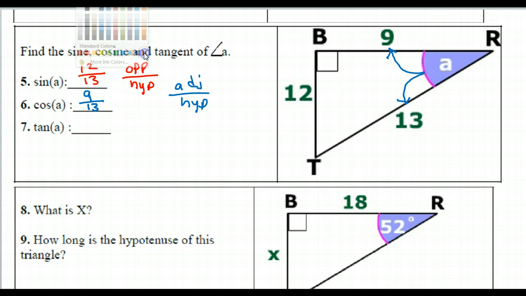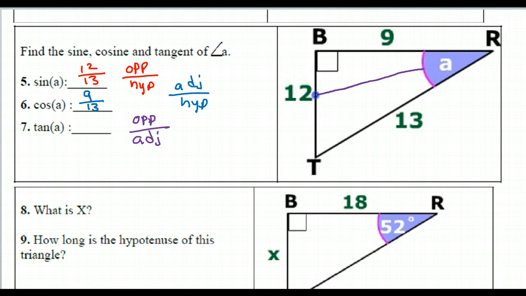And last but not least, tangent. Tangent is the opposite leg divided by the adjacent leg. Still dealing with angle A, here is the opposite leg, and here is the adjacent leg, far and near, so 12 over 9.